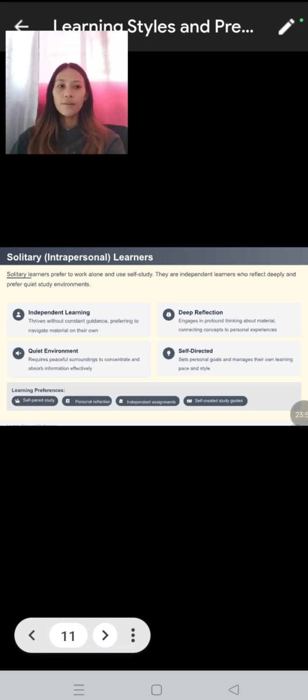Next is independent assignments. Tasks that they can complete entirely on their own. Next is self-created study guides, making their own notes, summaries, or guides. Guides help them process the information internally.